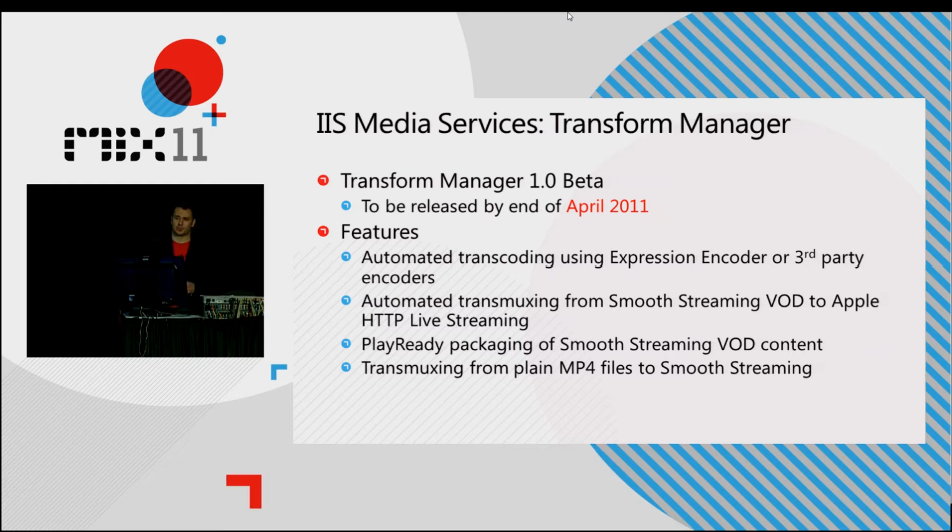And you can actually even chain these tasks so that you can do both transcoding and packaging one after another. So out of the box, we support Expression Encoder, but you could really set up tasks that use really any third-party encoder to do your automated transcoding.